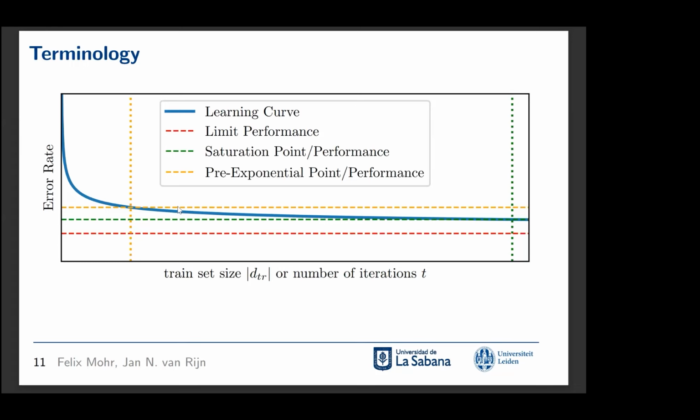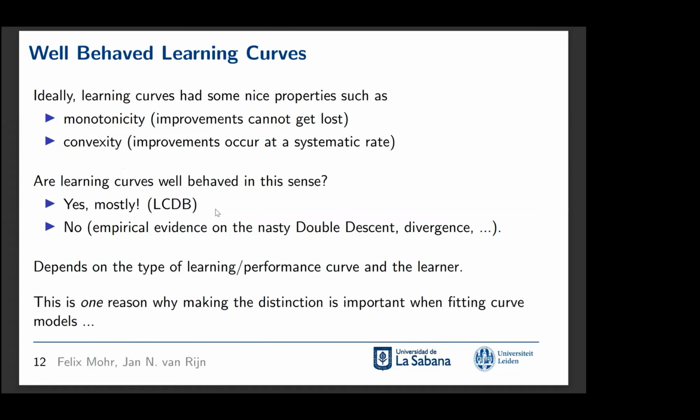Now you can ask, okay, where's the double descent here? For those of you who are not familiar with the double descent phenomenon, you have a peak here. You're improving in terms of your error rate, then you deteriorate, and then you improve again. So you would have something like a peak in this curve, or even several peaks. If we claim here that learning curves are well behaved, what we are saying is that double descent does not exist.